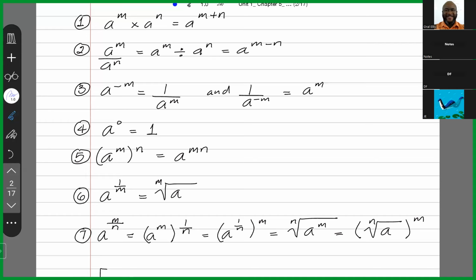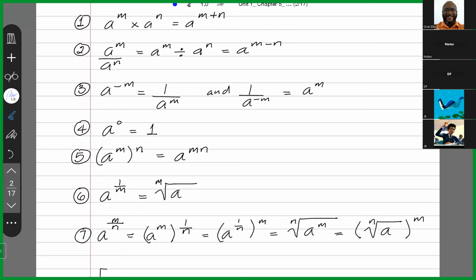So that brings us to 7. And in 7, again, we have a fractional index. A is raised to the power m over n. So that is the same as saying, remember I said earlier, if a number is raised to a fractional index, the numerator is the power and the denominator is the root.